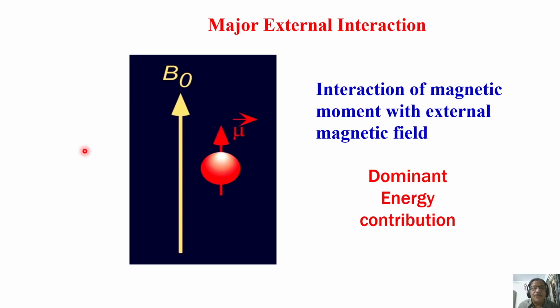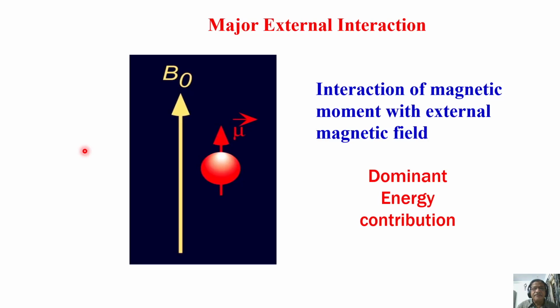Now you may ask me a question: which has more interaction strength? Between the two external, which is more? Among the four internal interactions, which is stronger? Which is the dominant interaction? And between external and internal, which is dominant? These questions can be asked.